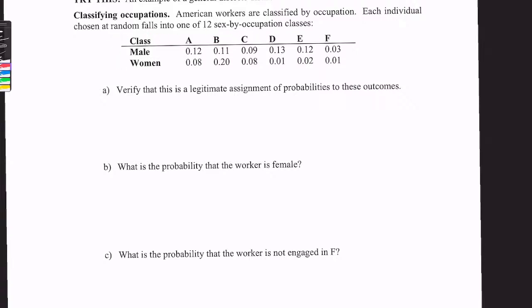I'm demonstrating all the possible outcomes of gender and occupation class. Also, this is discrete because I can make a list. Whenever I can make a list, it's discrete.